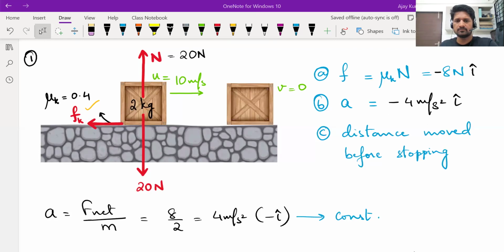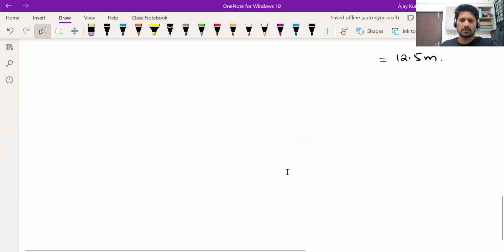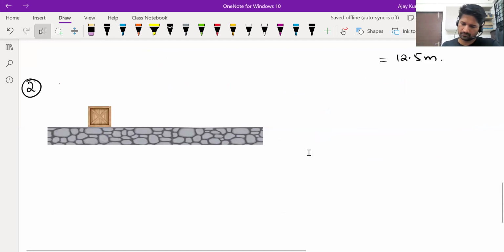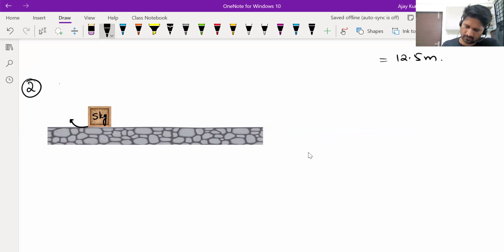Okay. Now consider this situation. Let's say this is a 5 kg block, rough surface, coefficient of kinetic friction is suppose 0.2.